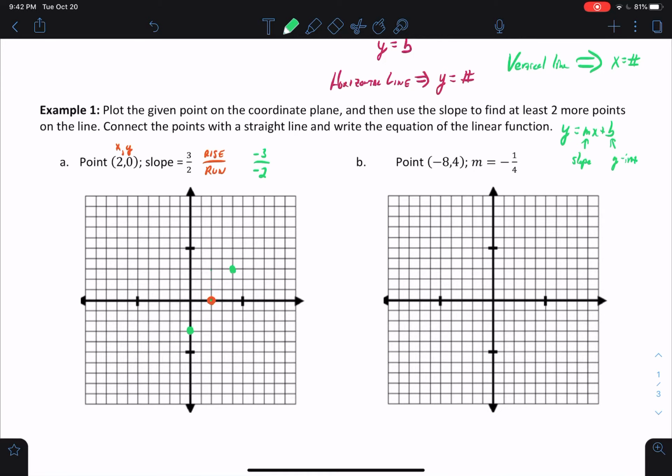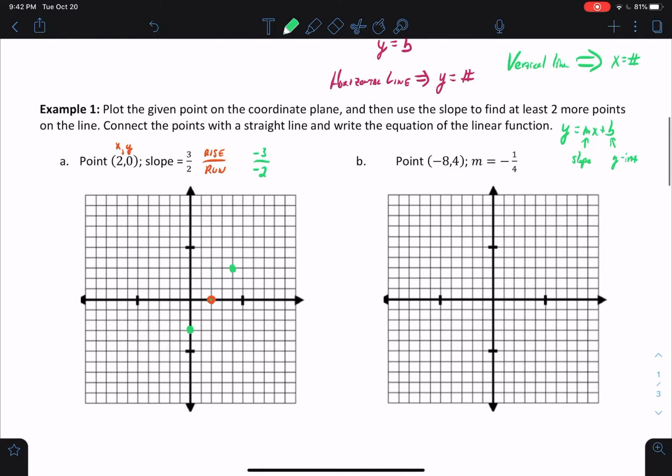So we have 2 points. We can keep going though. We can do this infinitely long. We could go up 3 to the right 2, or down 3 to the left 2. I could keep doing this in both directions until I get the line right here. I'm going to make that become a line. There we go. That is the line.